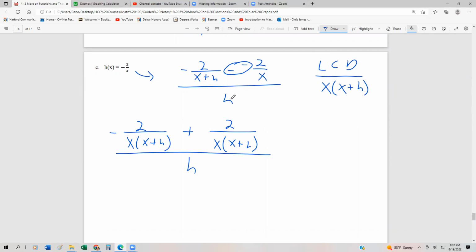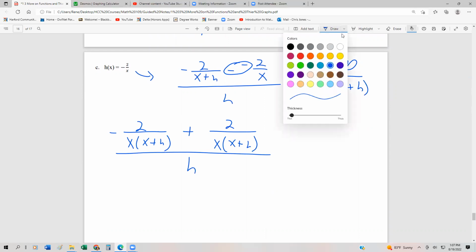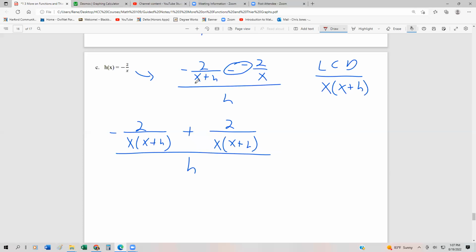Now, we can't just rewrite the denominator without rewriting the numerator. And so what we do is we look to see what's missing from the first denominators to the least common denominator. Notice that we had x plus h, but now we have this new x in here. So I'm going to multiply the numerator by an x to compensate.